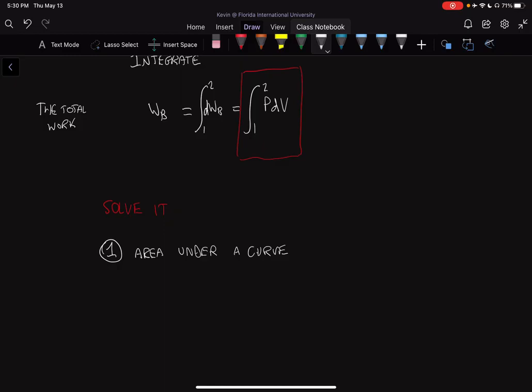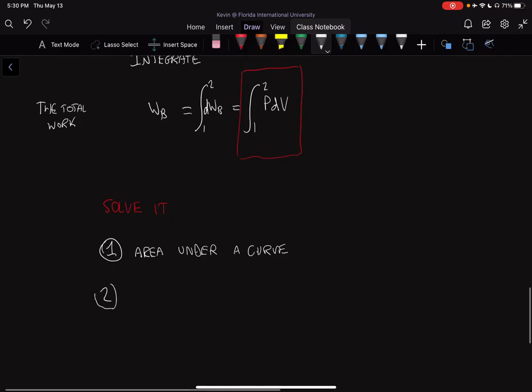Now, number two is we would have to solve it in a different way. How else can we solve this equation? We need to solve it if we have an equation for pressure in terms of volume. So if pressure is equal to a function of volume, then we could solve it. We can also solve it if pressure is constant, right?